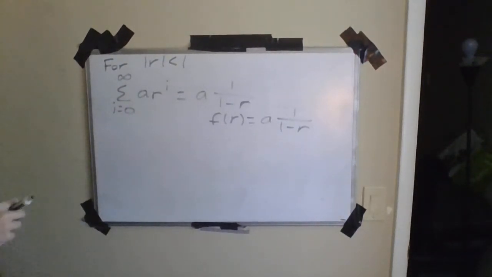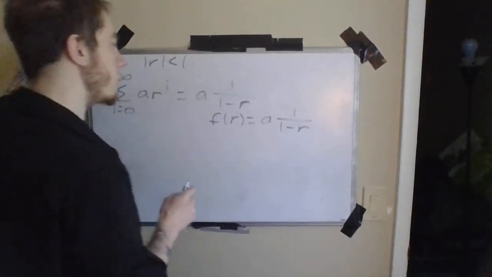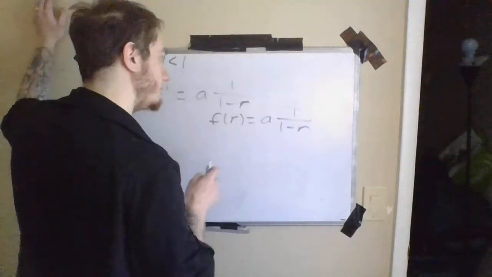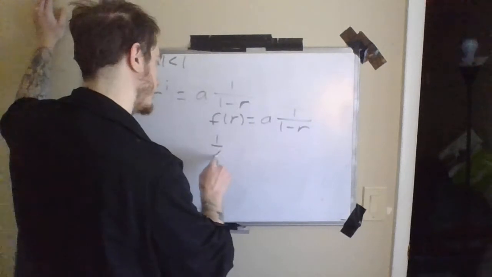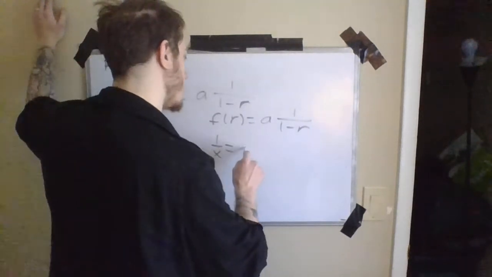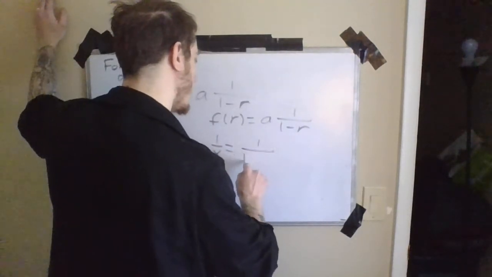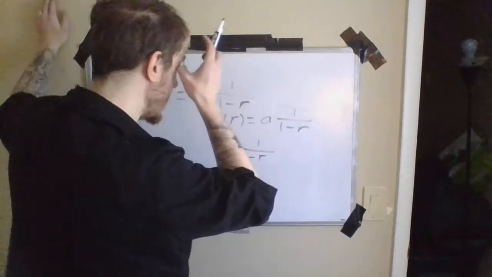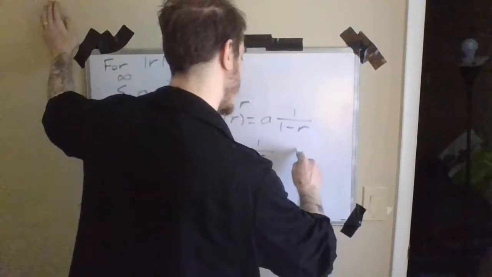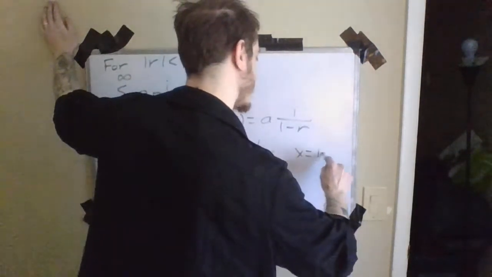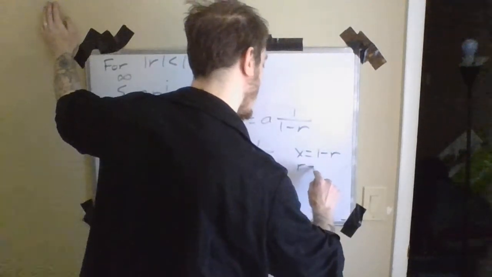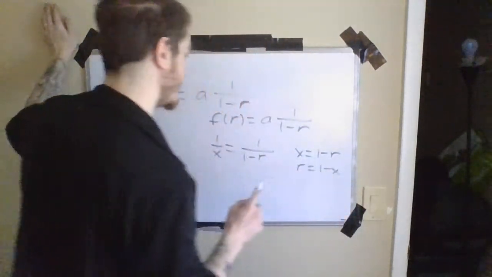And in fact, if I do that, I can even write 1 over x is equal to 1 over 1 minus r, and this would just give me x equals 1 minus r, so r is equal to 1 minus x.